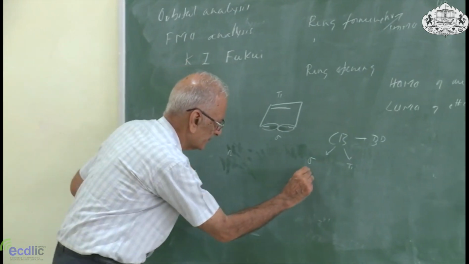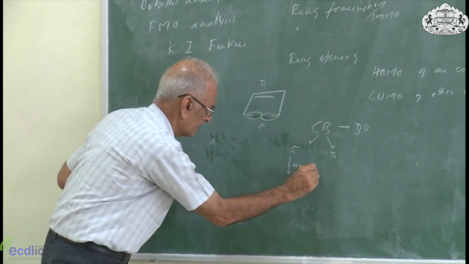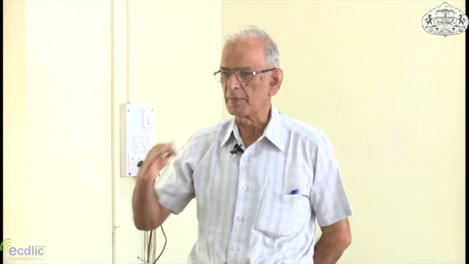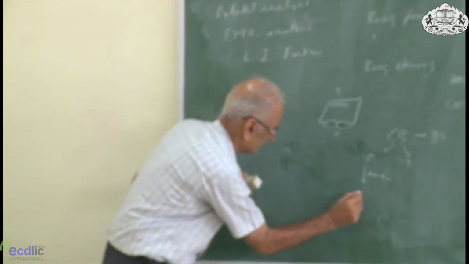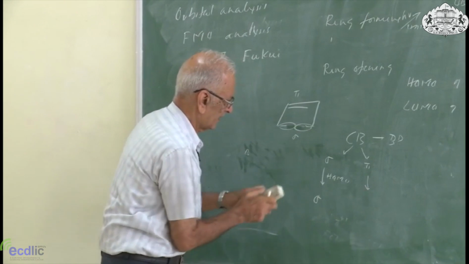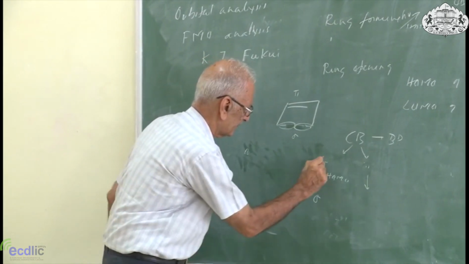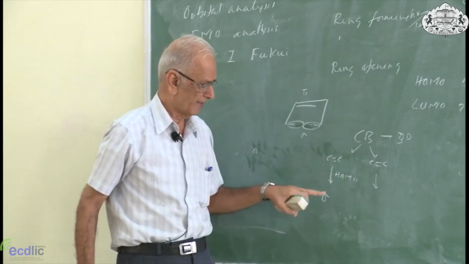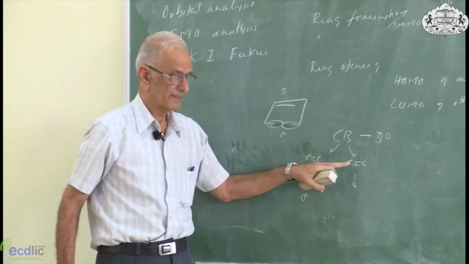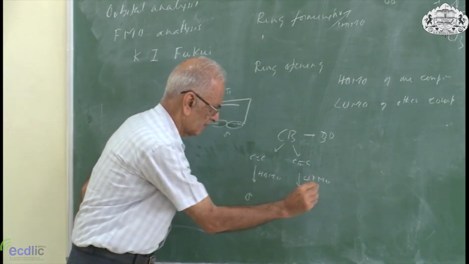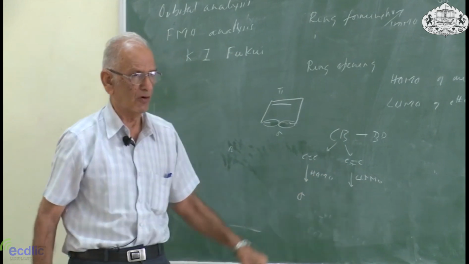So, take the HOMO of this. What is the HOMO of the sigma orbital? There are two orbitals, sigma and sigma star. So, your HOMO is going to be sigma star. Sorry, HOMO is going to be sigma. Let me put it like this. I think that will be better. HOMO of the carbon-carbon single bond is going to be sigma. And according to what we said here, we will use HOMO of one component, LUMO of the other.